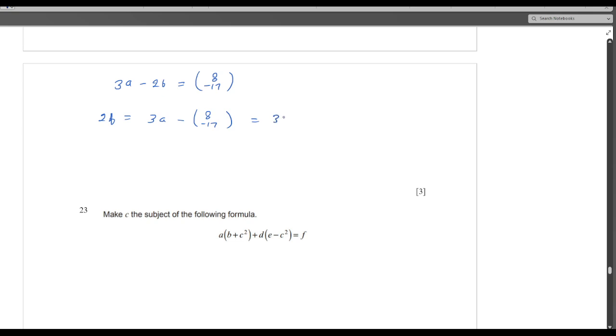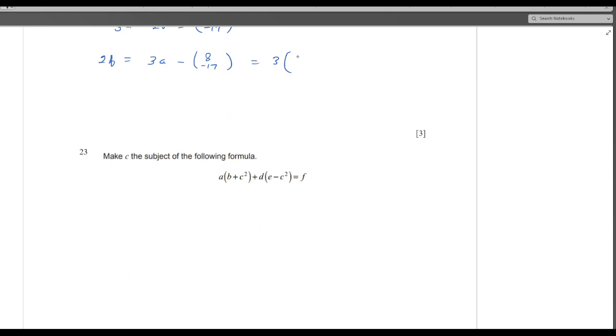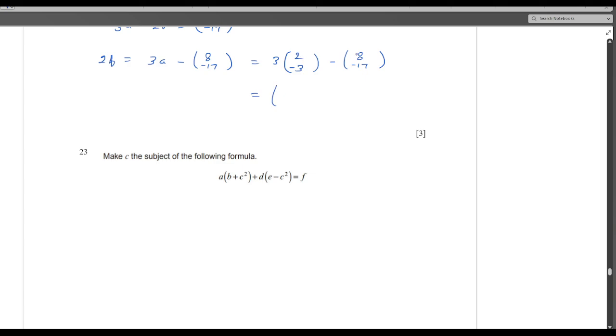Now 3a is 3 times the value of a, 2 minus 3. So 3 times 2 is 6, 6 minus 8 is minus 2. 3 times minus 3 is minus 9, minus 9 plus 17 is 8. So this is your value of 2b, and therefore b is equals to, you divide by 2 on both the sides, minus 1 4. So b is minus 1 4.